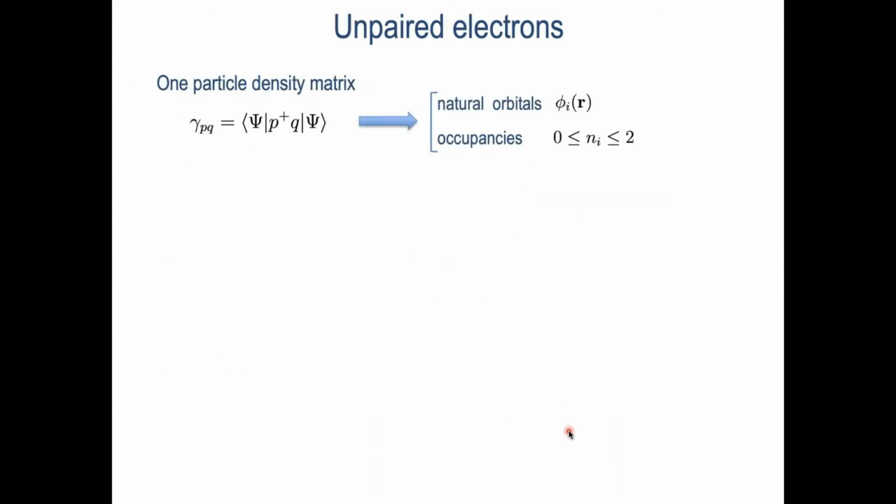And one thing that we can explore in great detail is the unpaired electrons in the system, and for that we base our analysis on the one-particle density matrix of any state, and in particular on the eigenstates of this density, the natural orbitals and their occupancies.